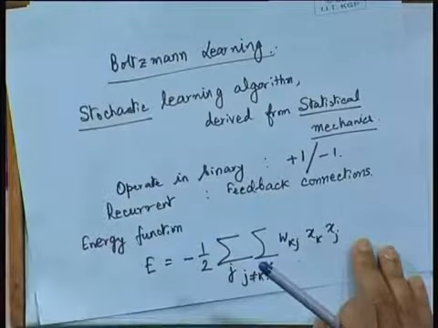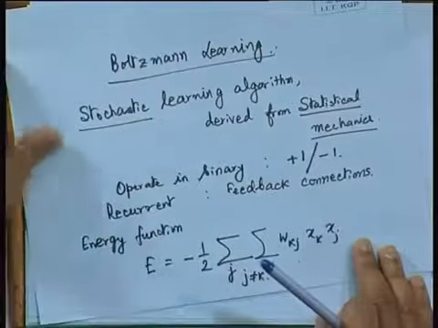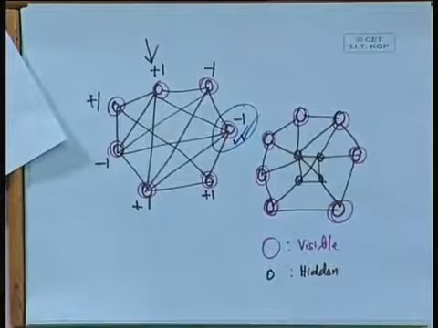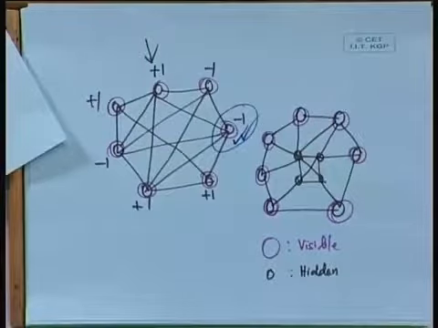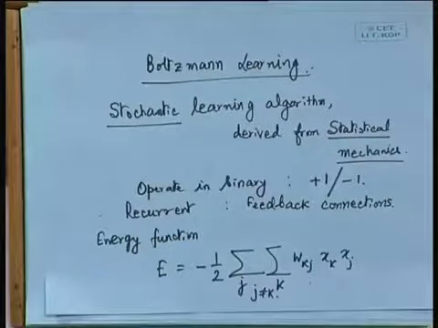Because it was computed based on the earlier state. Now that I decided to flip it, the energy is going to change. There will be a total change of energy. It could increase, it could decrease, but I can pick any one and cause the change of state.